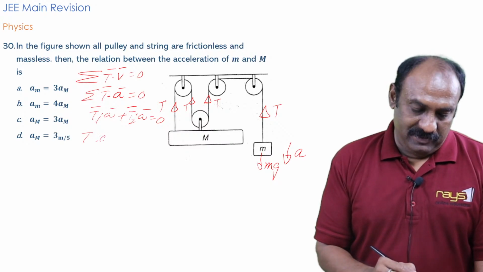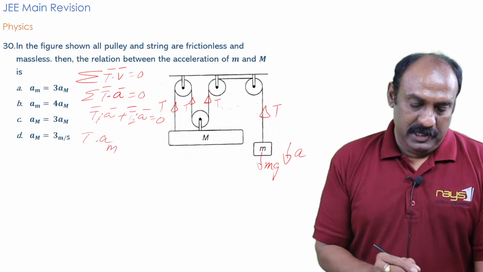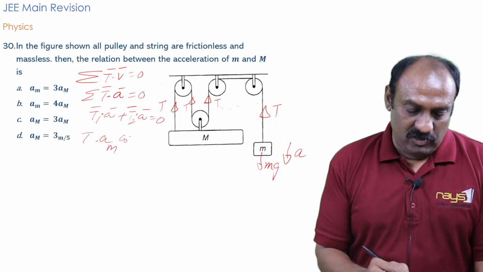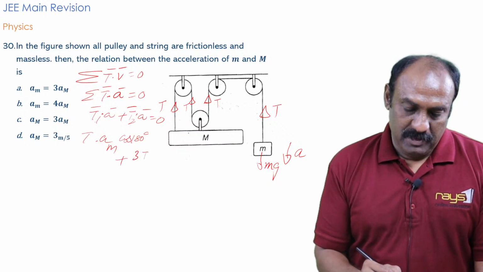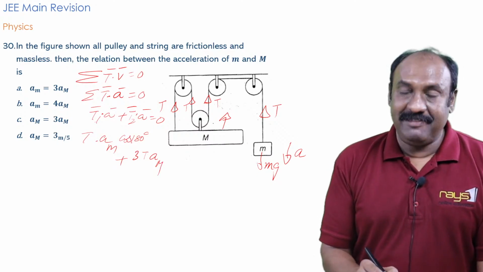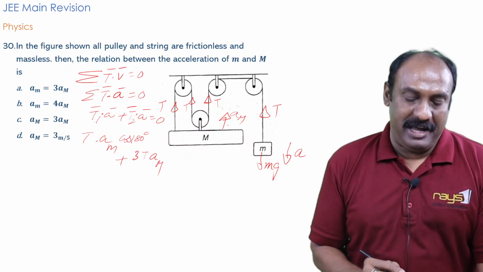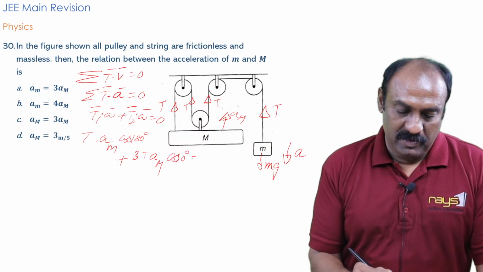T into acceleration of the block of mass m into cos theta. Angle between these two is 180, cos 180, plus T2 bar is 3T. Then this block moves up with an acceleration AM, and the angle is in the same direction, 3T and acceleration of this bigger block are in the same direction. So it is cos 0.